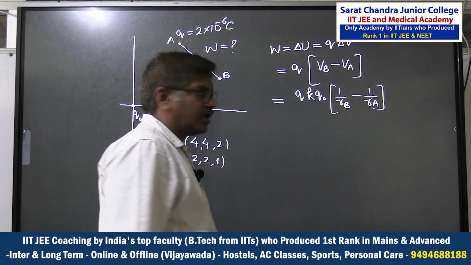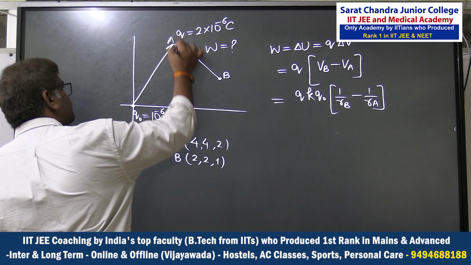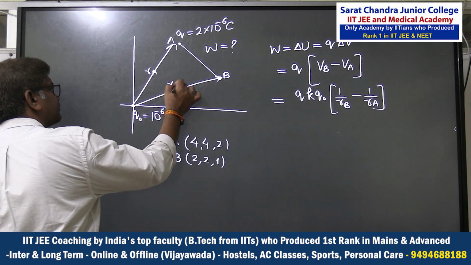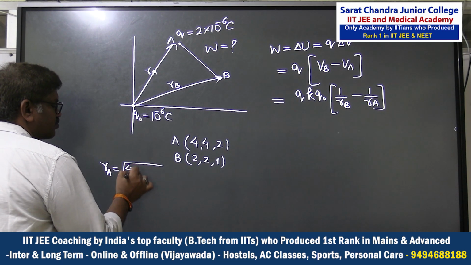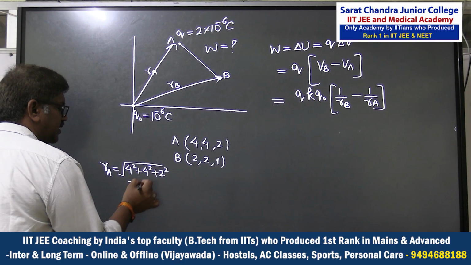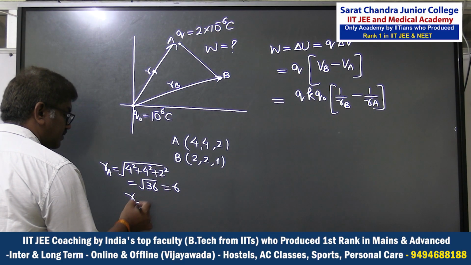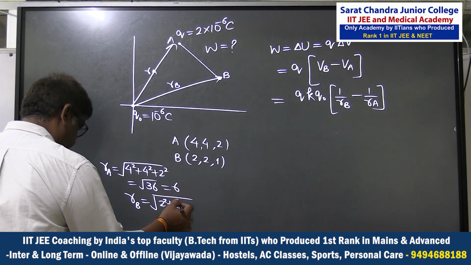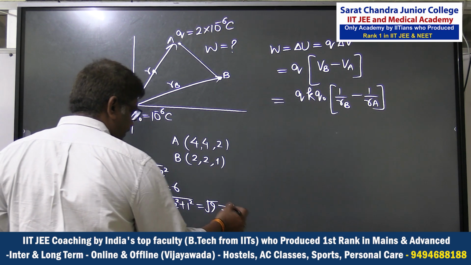RA is the square root of 4 square plus 4 square plus 2 square, that is root 36, which gives 6, and RB is the square root of 2 square plus 2 square plus 1 square, that is 9, so it is going to be 3.